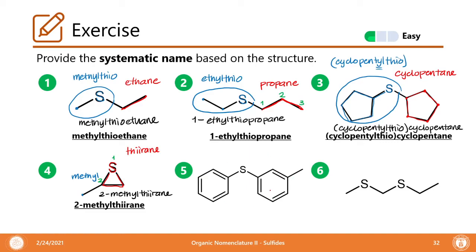Same as the ethers, we have a benzene ring here. So we have benzene, and then we have a methyl group.